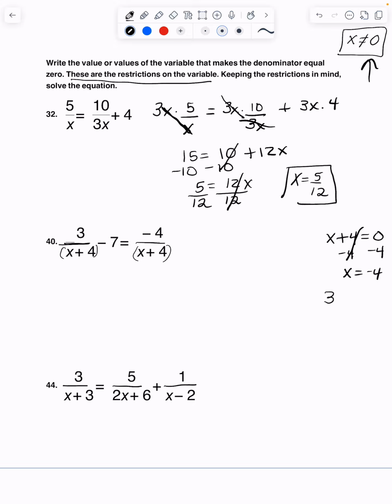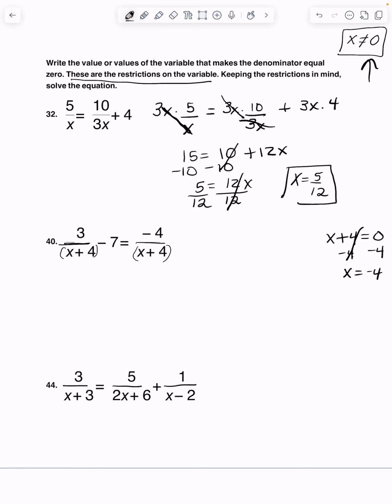Look at the first fraction, 3 over x plus 4. If I let x be negative 4 in that parentheses, negative 4 plus 4 is 0. So again, I have 0 in the denominator, which we've already stated is undefined. So my restriction on the variable in this problem is going to be negative 4. So when I'm solving that, I'm keeping in mind that I can have any answer but negative 4.